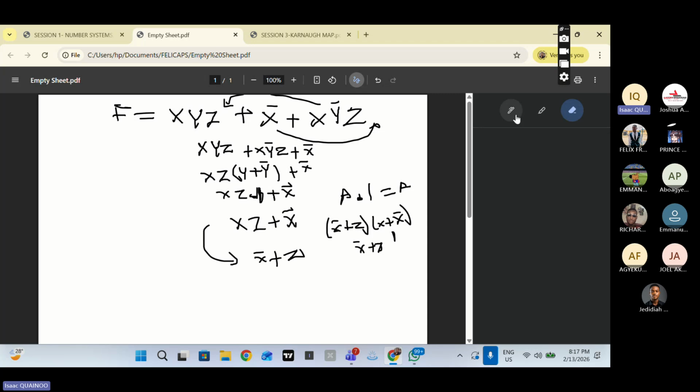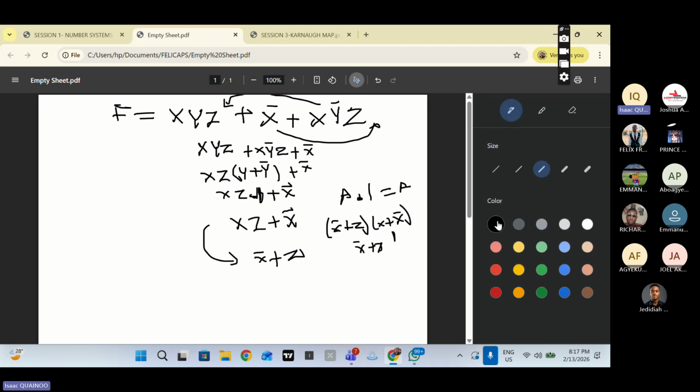So that means that the simplified version or form of this expression is f is equal to x bar plus z. From here, there is nothing we can do to simplify again. So we recognize that as a final simplified version. Please, are we all okay with what we did just here?